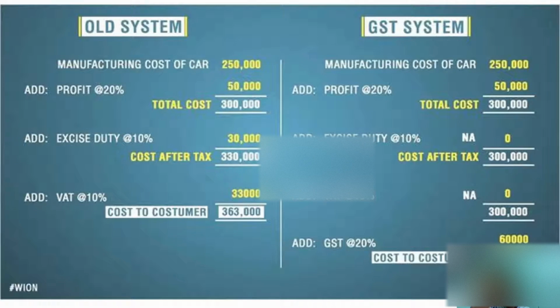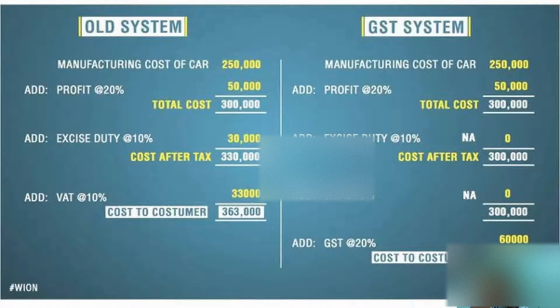After paying excise duty, the cost that you have incurred in manufacturing and bringing that to the market would now become 3 lakh 30,000. Then on your sales, you would be charged VAT, value added tax, at 10%. On 3,30,000, that would amount to 33,000.